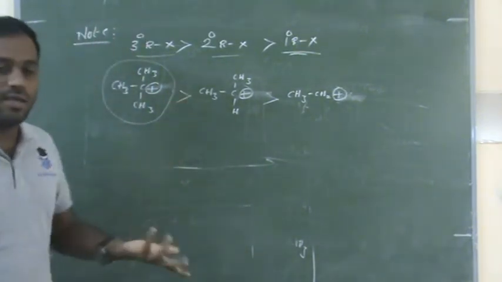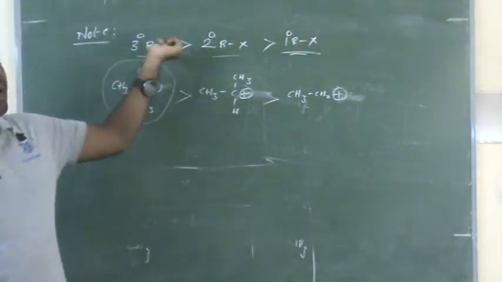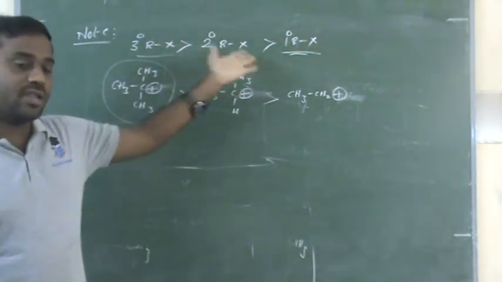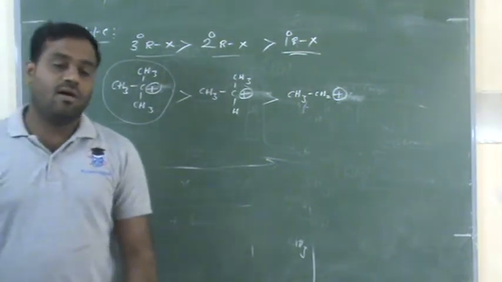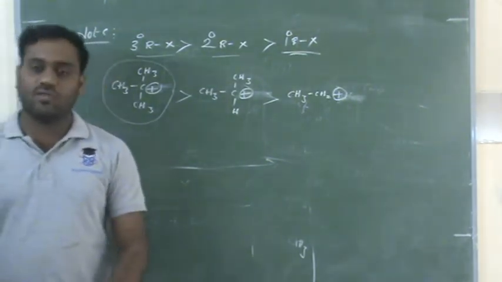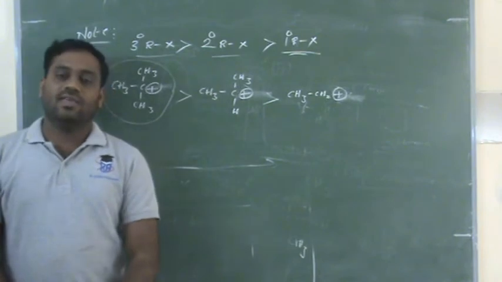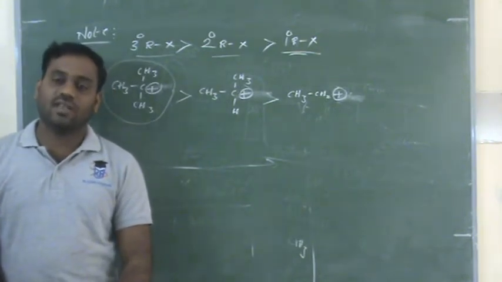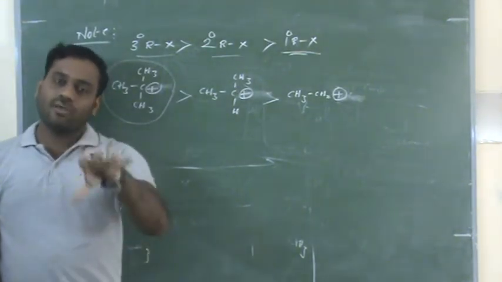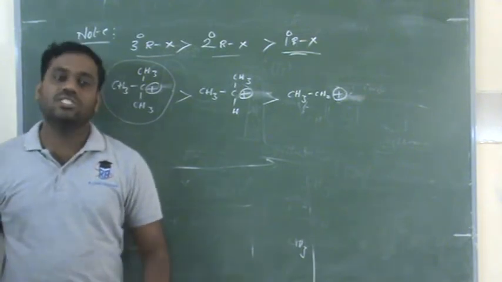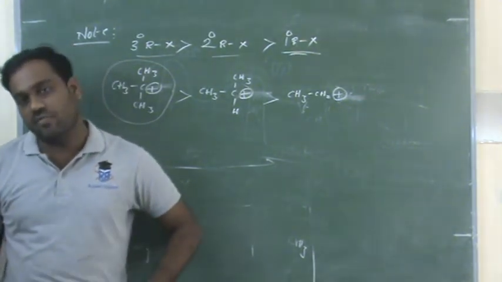There is a statement and reason: tertiary alkyl halide is more reactive compared to secondary and primary in the SN1 reaction. We have so many alkyl halides, secondary, tertiary, primary. Among the alkyl halides, which one is involved in the SN1 reaction?